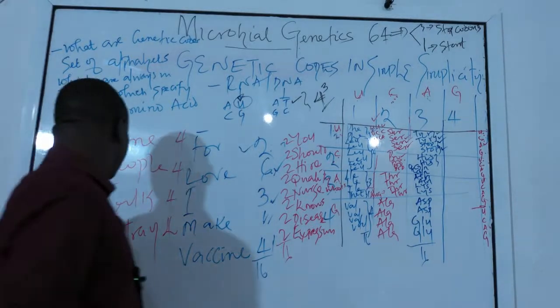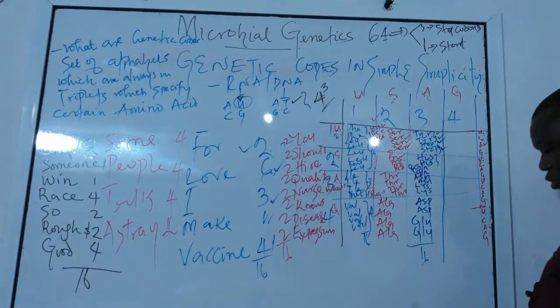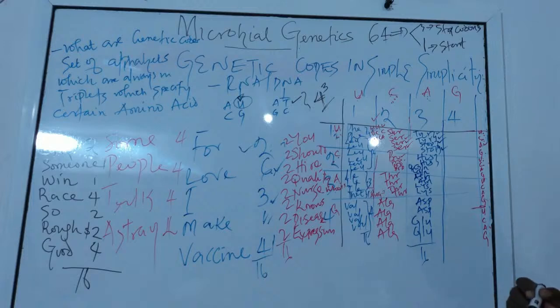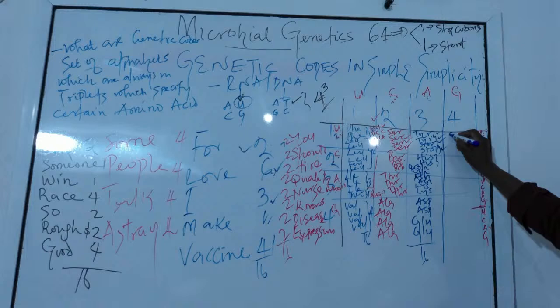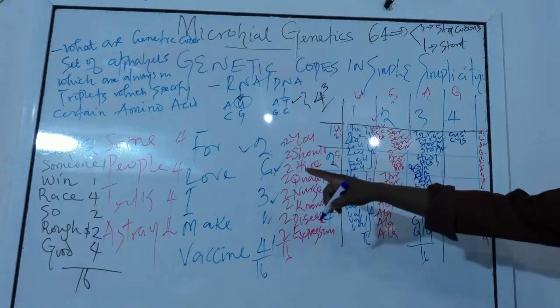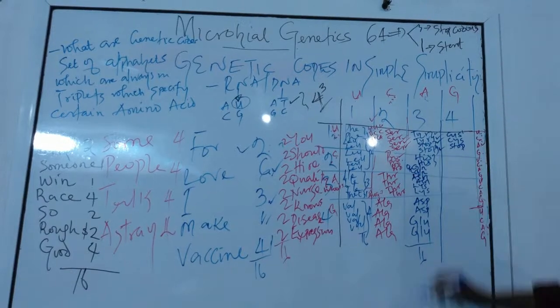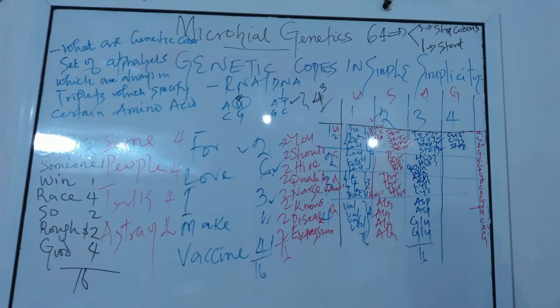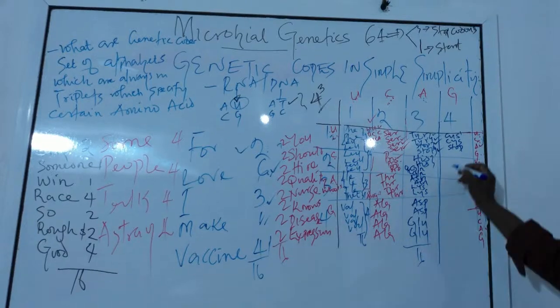So what is it going to mean for us in learning the genetic code? It is going to mean that CYS, followed by someone, that is stop again, followed by win, which is going to be tryptophan.